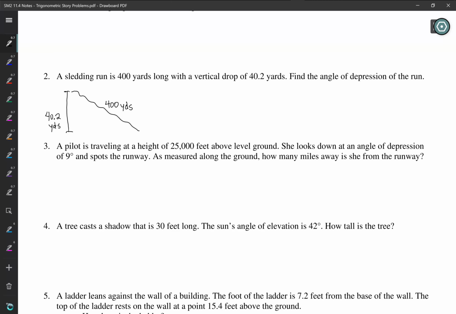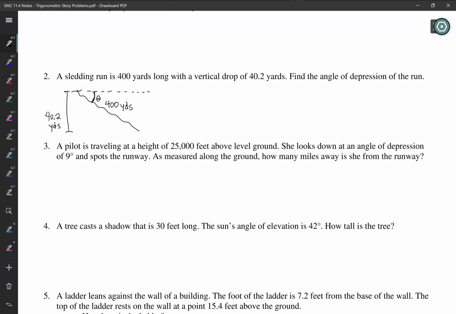So what you've got to be careful of is it's not the angle inside here. Remember, the angle of depression is the angle outside the triangle. You take a horizontal line and you measure the angle below the horizontal line to that sledding run.